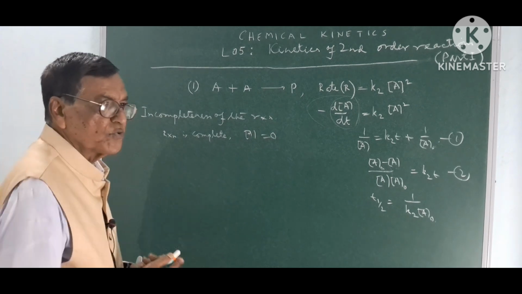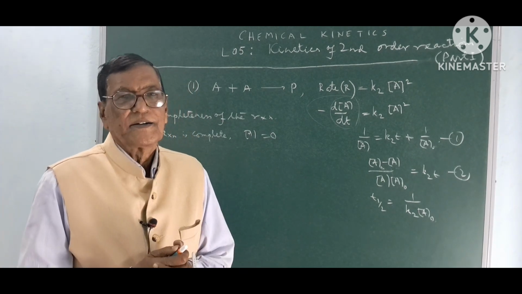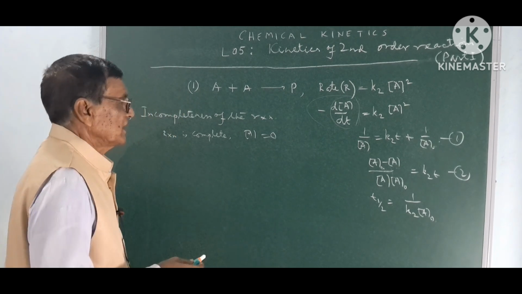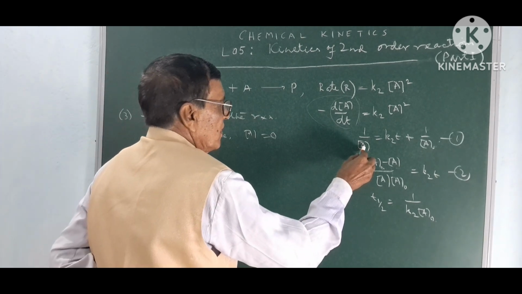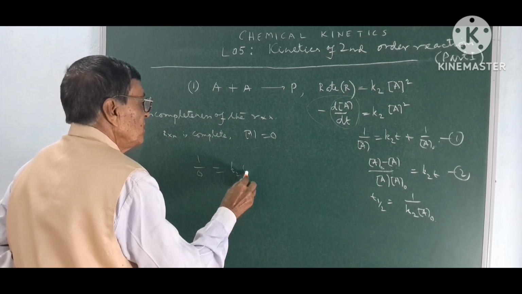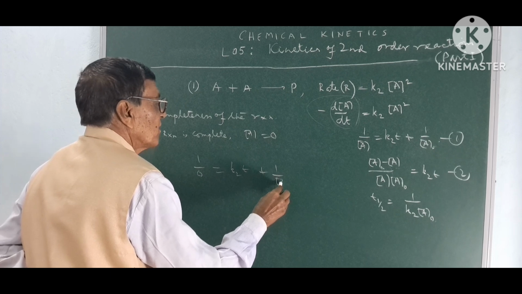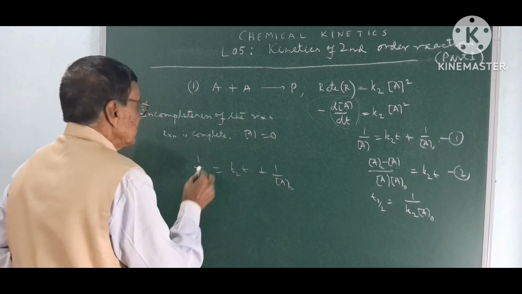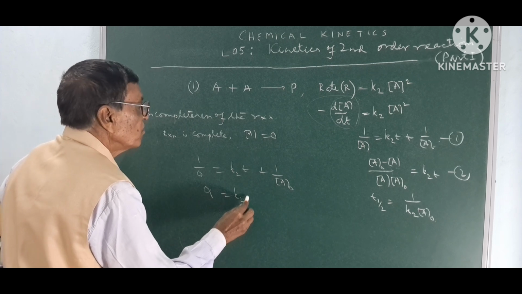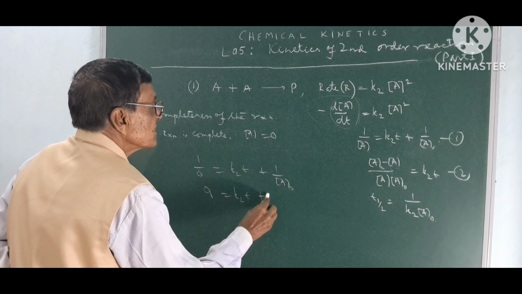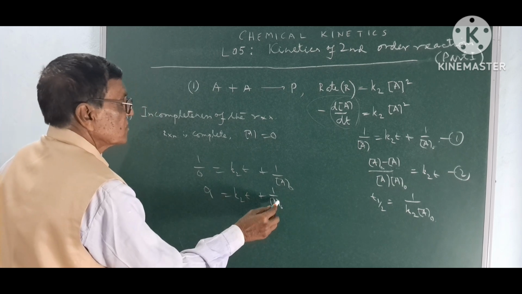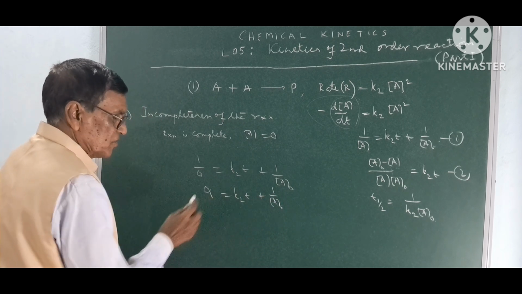It means there is no reactant left. So A is 0, means 1 by 0 equals K2 into T plus 1 by A naught. Now 1 by 0 is infinity, equals K2T plus 1 by A naught.